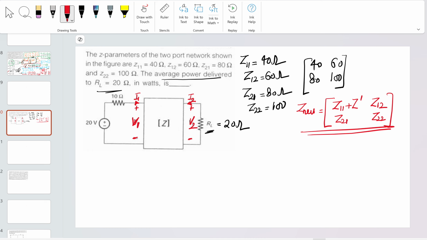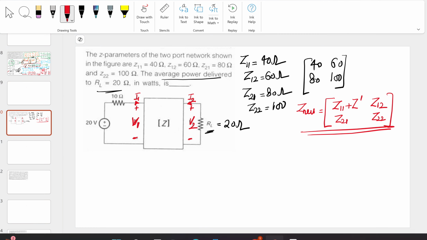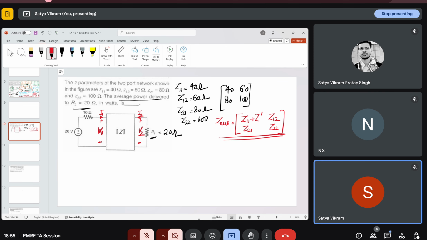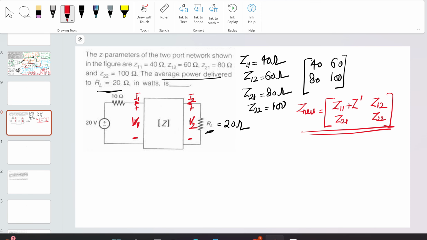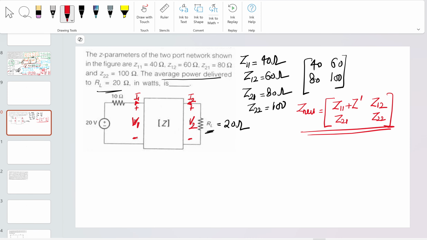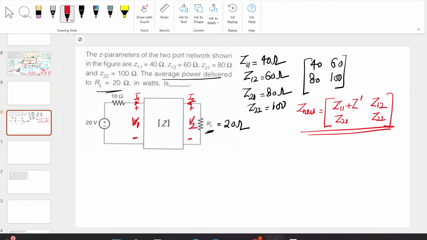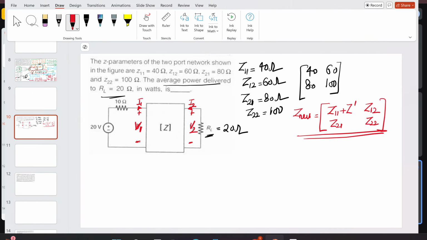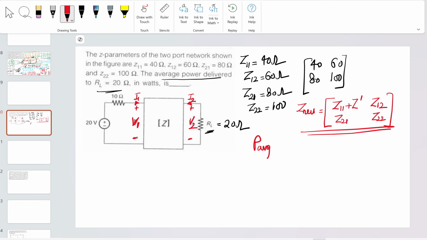Try to solve it and let me know if you have any doubt. Also, average power is equal to I2 square times RL. That is also a hint.